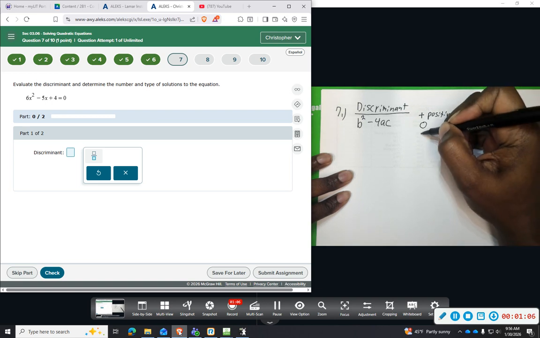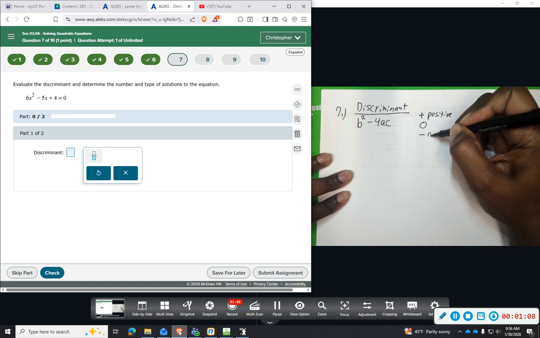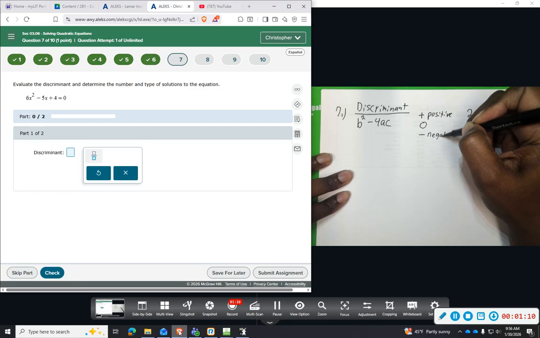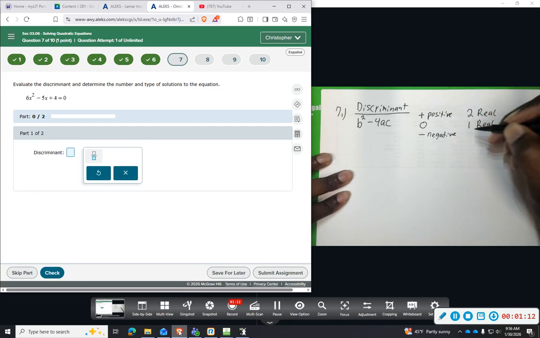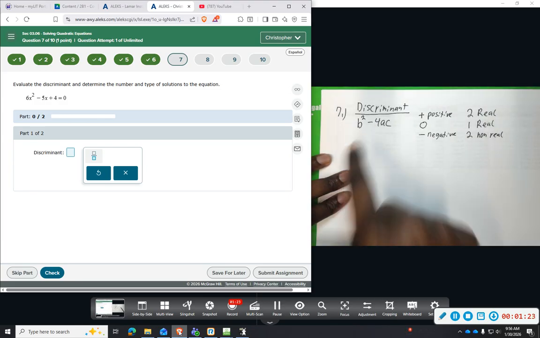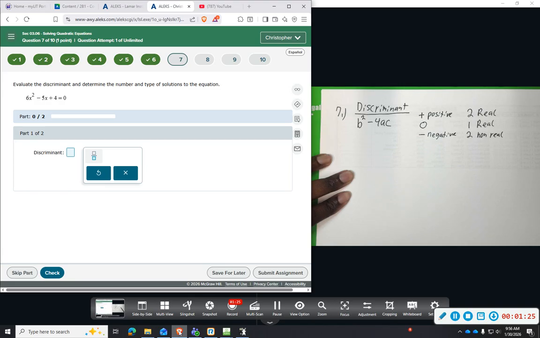And then if the discriminant is negative, that means we're going to have 2 imaginary solutions, or we can just say non-real. Okay. So that is the idea behind looking at the discriminant part only.